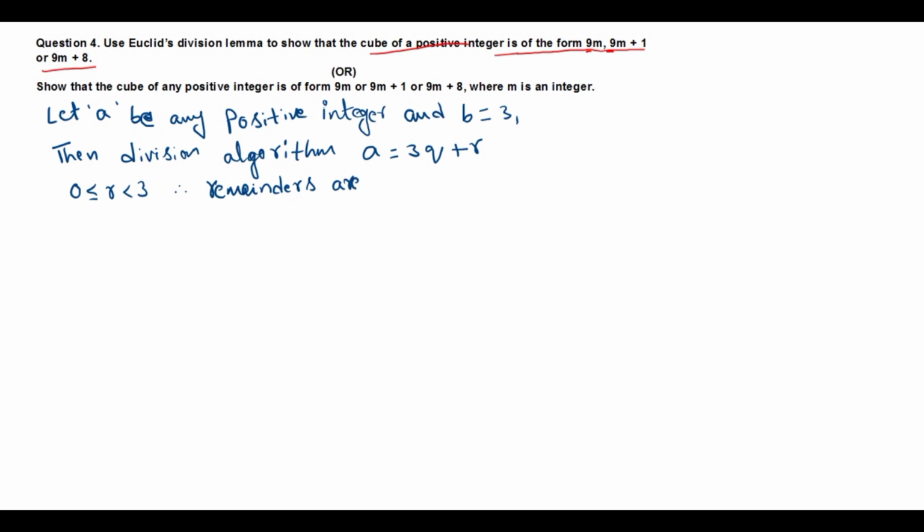So what are the remainders here? 0, 1, 2. So what condition do we get now? That is a equal to, instead of q here I'm going to take p, okay?